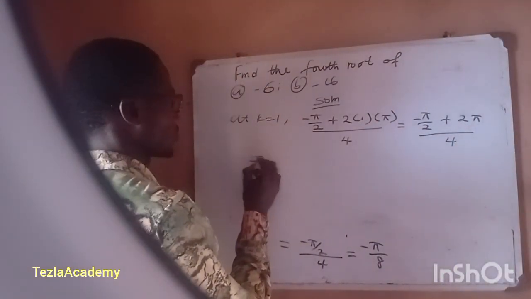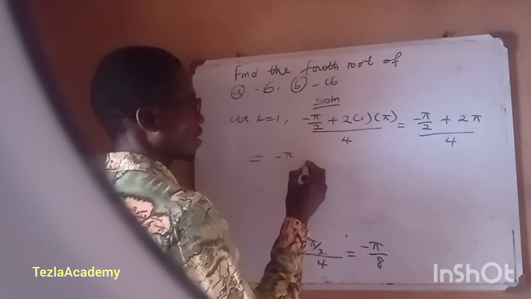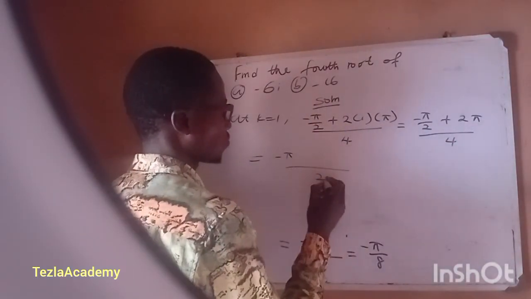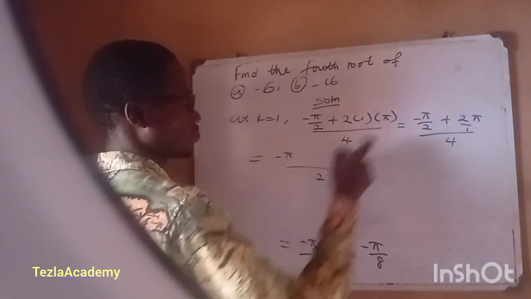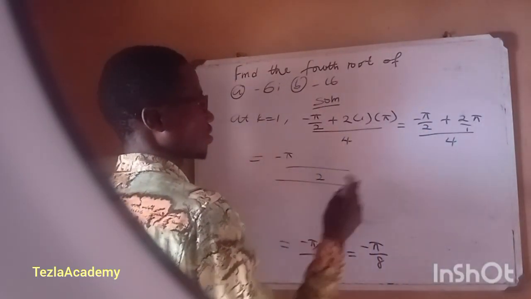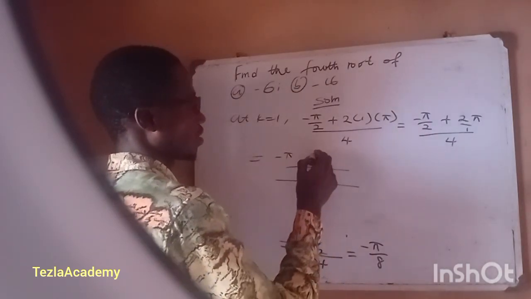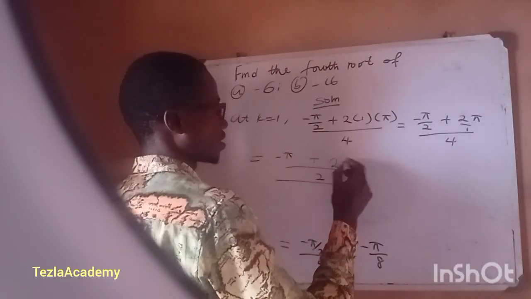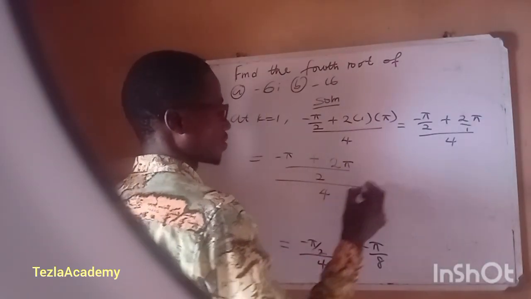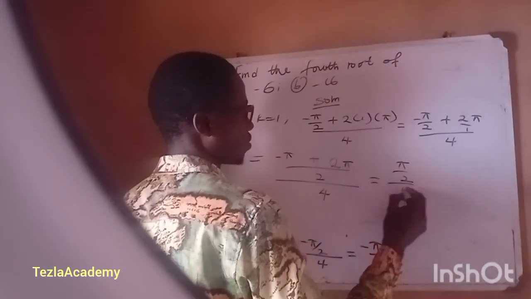So this equals minus pi, the LCM of these two is 2. 2 divided by 2 is 1, 1 times pi, minus pi, plus 1 divided by 2 is 2, times 2 is 2 pi, all over 4, equals minus pi plus 2 pi, all over 4.